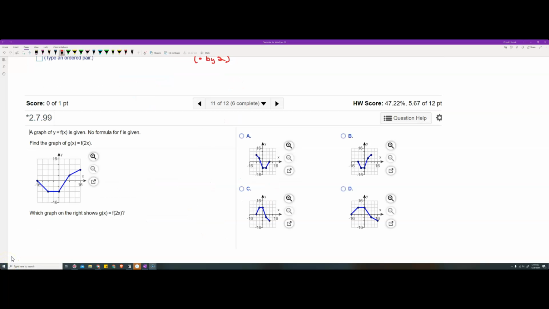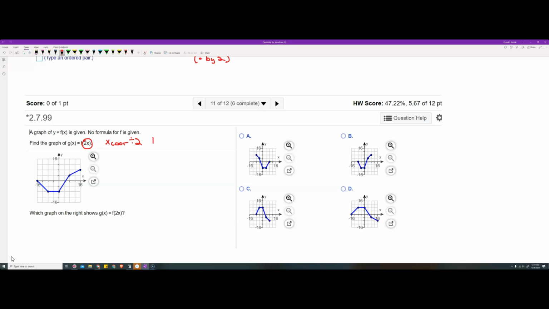All right, so we've got a function on here, and we want to take it and turn it into a new function, g of x, by taking the old function and multiplying its input by 2. So this is Bizarro World. So what we're going to actually end up doing is taking the x coordinates and dividing them by 2.